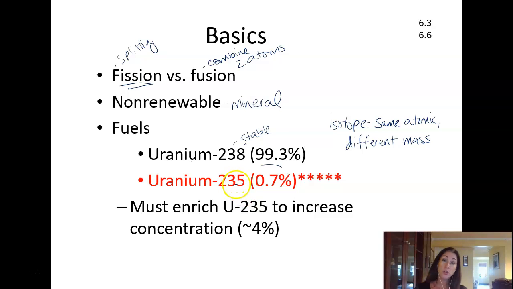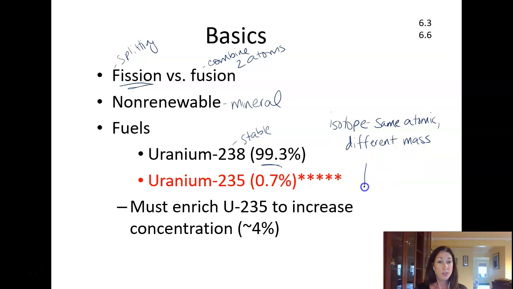And so you will find this uranium-235 isotope similarly to uranium-238. Once we get a sample of uranium, we take advantage of that slight weight difference and we can enrich our uranium samples to be about 4% of this fissionable material.